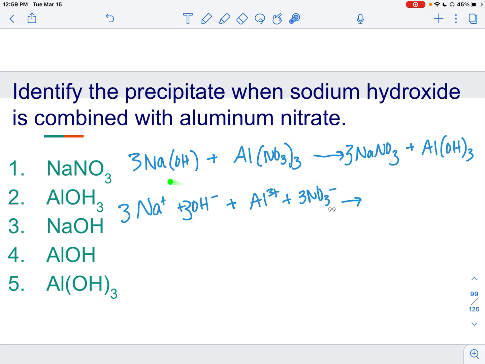So if you didn't even want to do the full net ionic equation, you don't have to. You can just look at the potential products. But if you did that, you would split up NaNO3, but then you would keep this together because it is the solid.